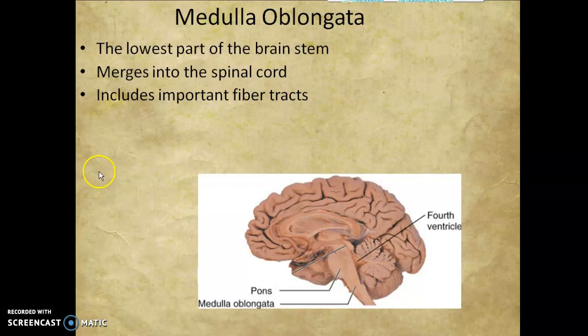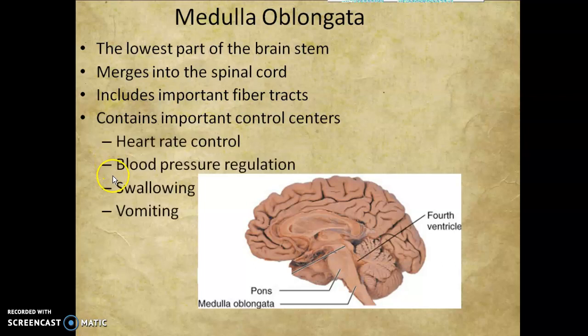And just like the rest of our brainstem, it's going to have a whole bunch of important fiber tracts, and it's going to be in charge of a lot of the control centers, so things like heart rate, blood pressure regulation, the ability to swallow, which is important when we're talking about the digestive system, and even things like vomiting, which is a way that your body reacts to getting rid of wastes, or a response to sickness, or trying to get rid of all of the bacteria that you might have if you have a stomach virus. We see that all of those controls are right here in the medulla oblongata.